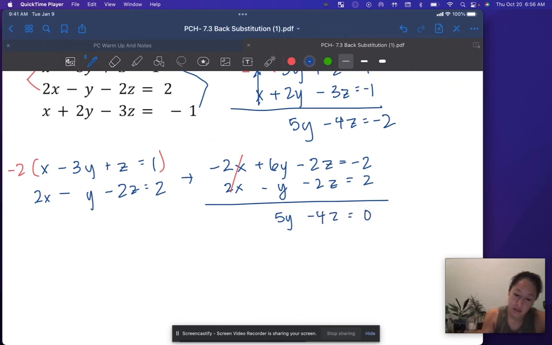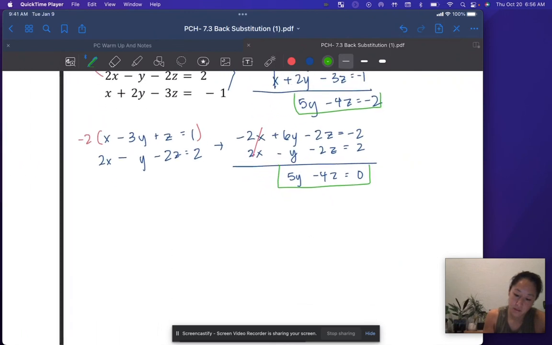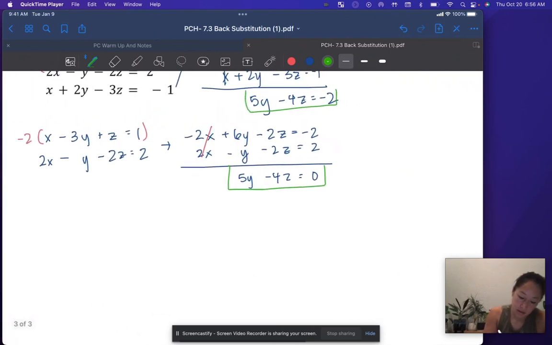Okay, we'll take these two equations with two variables and make a new system. 5y minus 4z is equal to -2. 5y minus 4z is equal to 0. Multiply the bottom by -1, so negative, positive, negative.